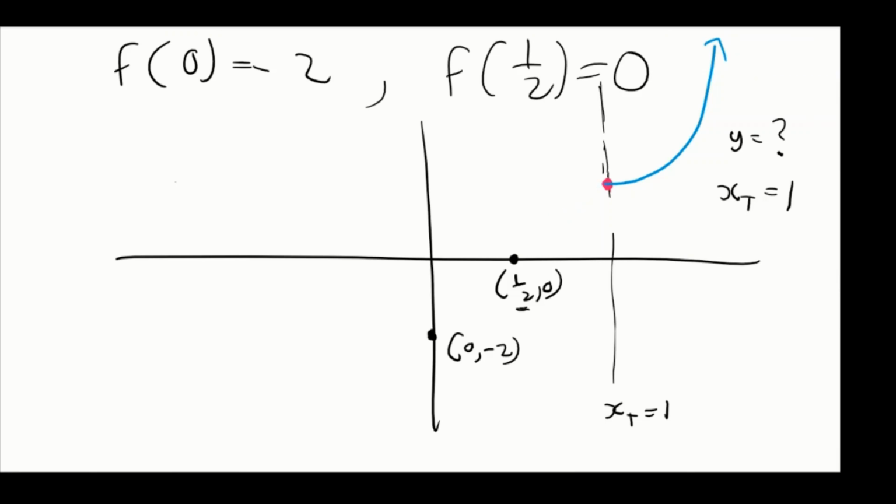Let me do it nicely. So it's going to go down there and look something like this. So this would be the turning point, 1 and y, because we don't know the y value of the turning point. So this would be my graph of f.